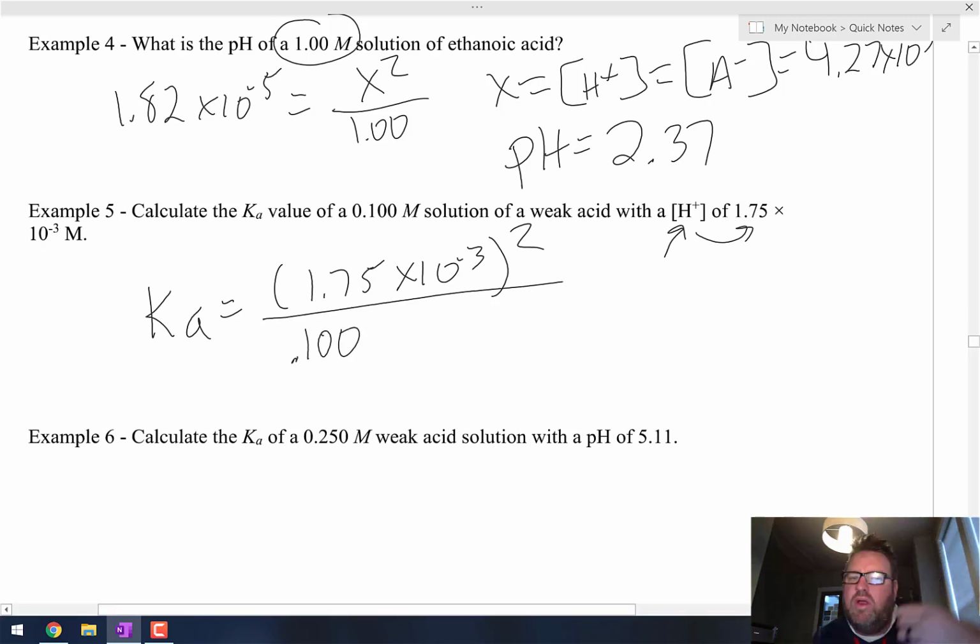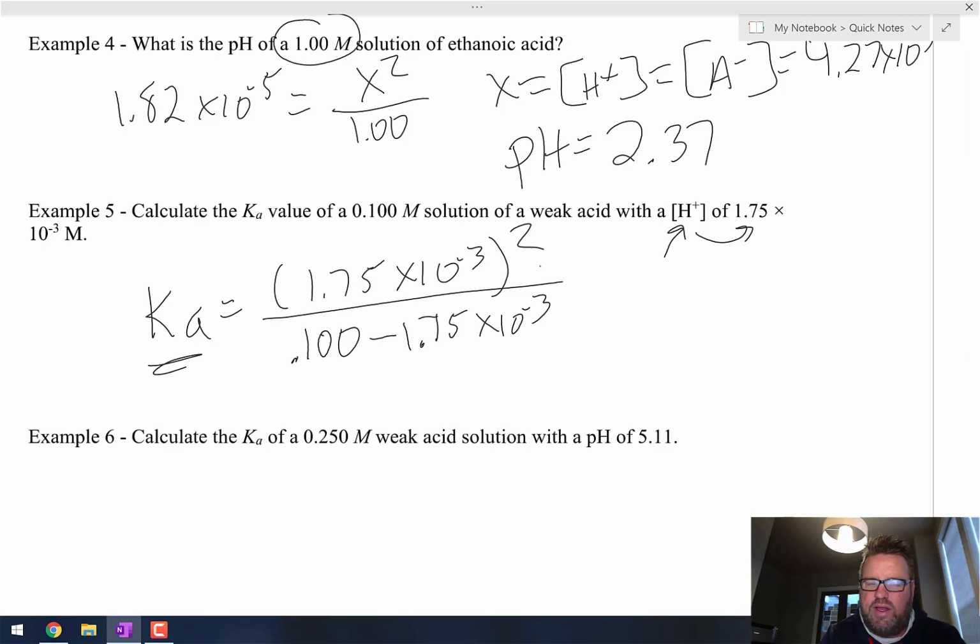0.100. Now remember, when it's an x, you leave it out. But when it's a real number, you leave it in there because we're not using the quadratic equation here anyway. We're just solving for Ka. So don't take that minus x part out because it's not an x. It's a 1.75 times 10 to the minus third. So I'm going to take 1.75 times 10 to the minus third and square it.